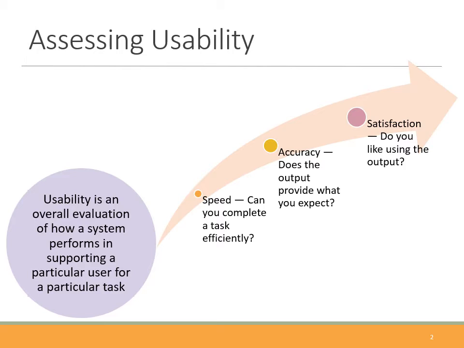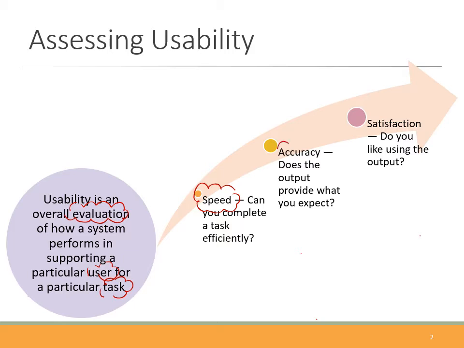Of course, usability is an overall evaluation of how a system performs in supporting a particular user for a particular task. There are several criteria and dimensions we can use for this kind of evaluation. For example, the speed criteria: can we complete a task efficiently?